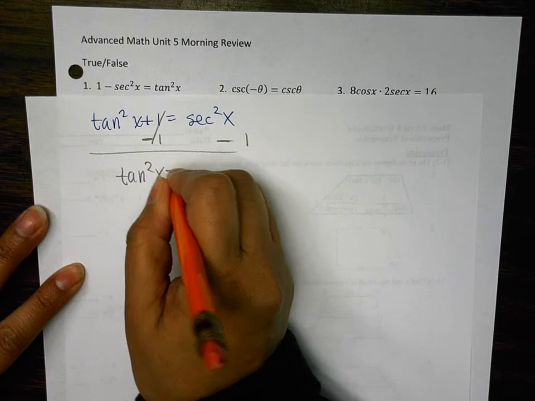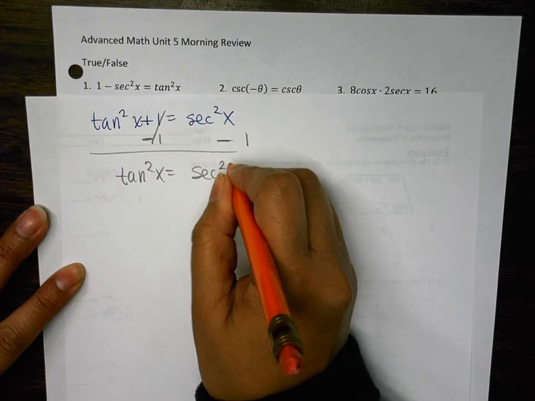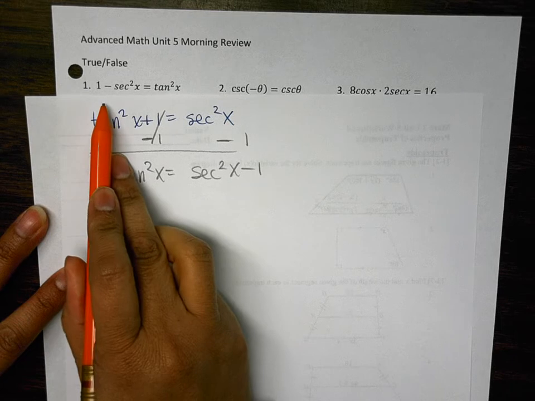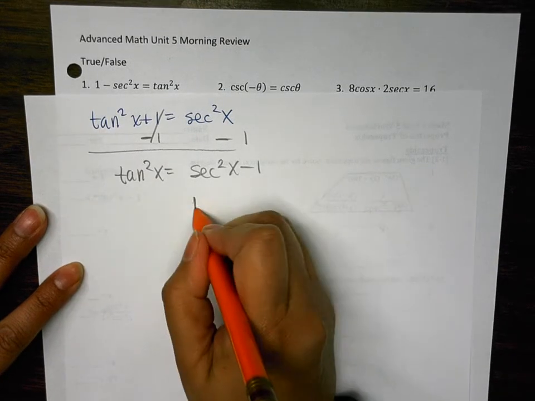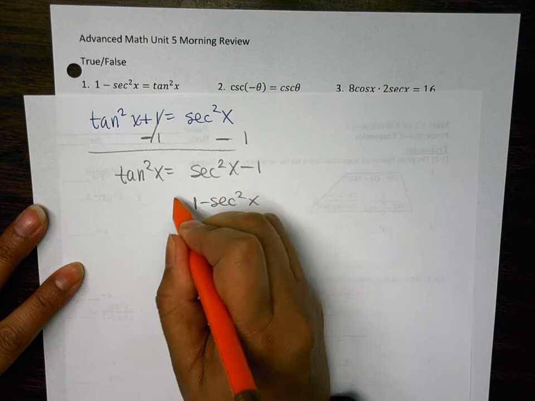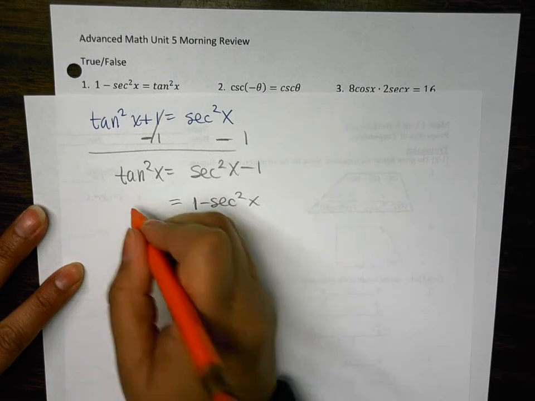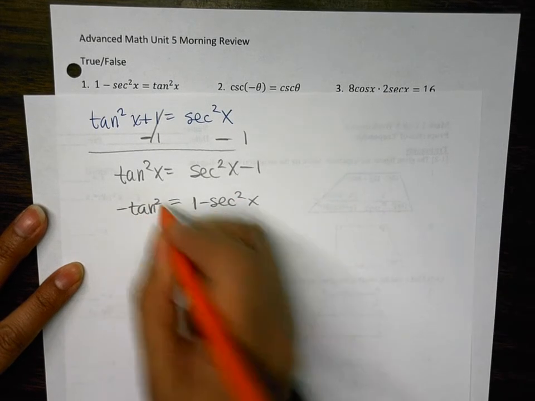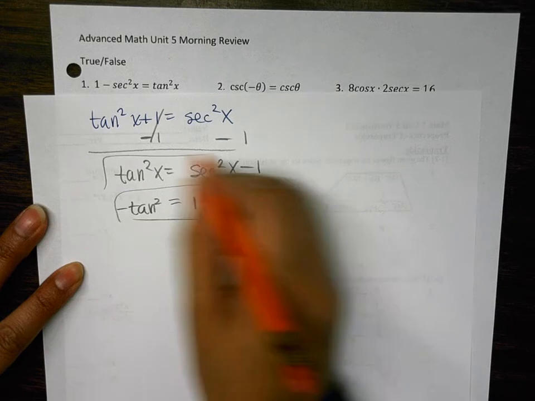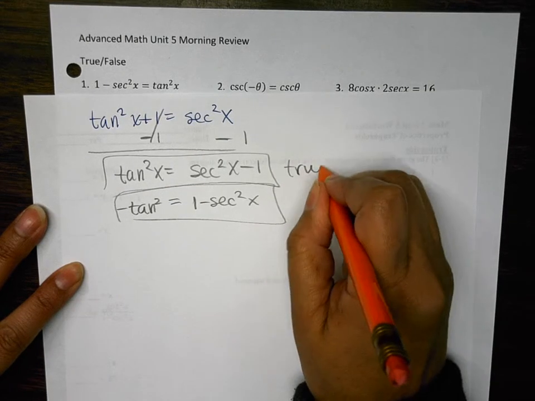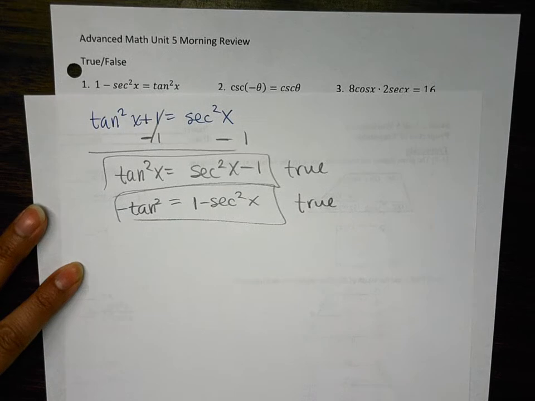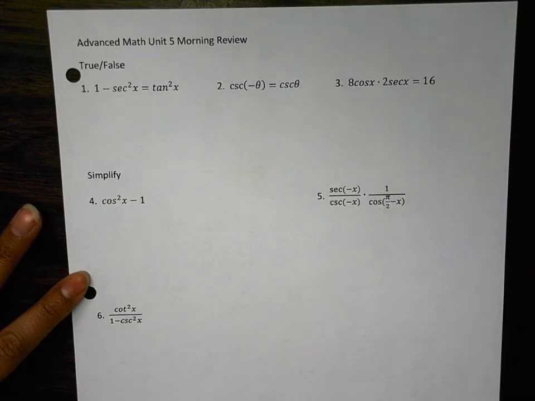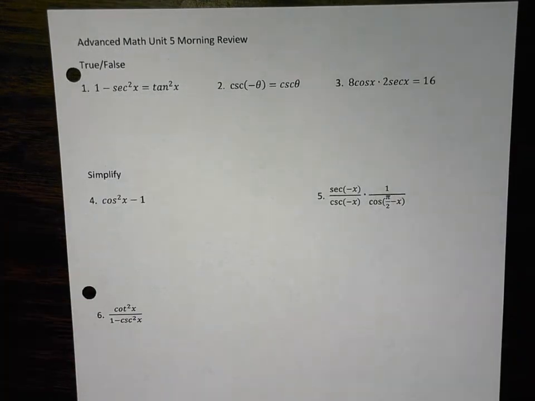Tangent squared x equals secant squared x minus 1. Is that the same as 1 minus secant squared? No. If I were to flip this, 1 minus secant squared x, what would that do to the tangent? Make it negative. So this is true and this is true, neither of which was given to you. So what would we say the answer is for number 1? False. Questions on that one?